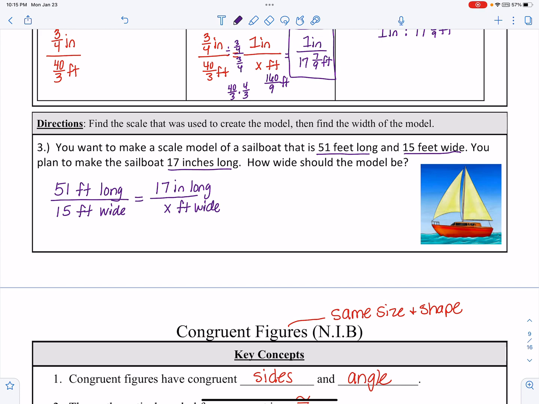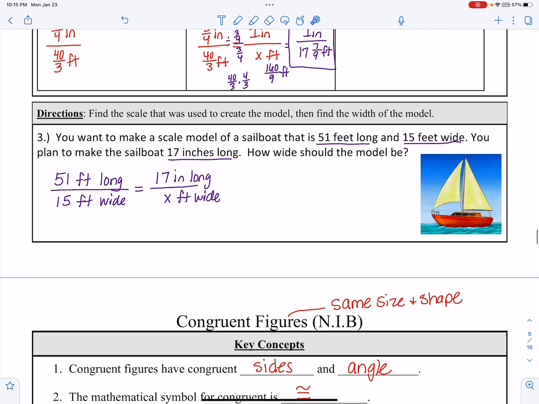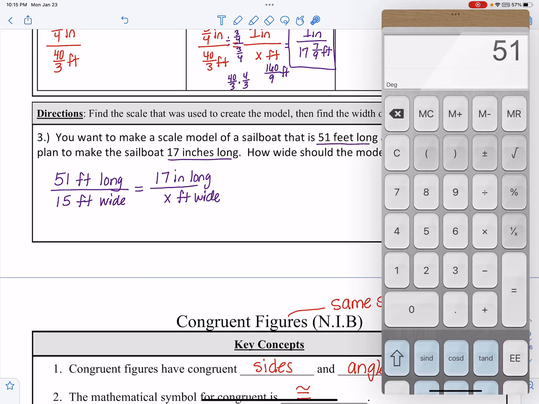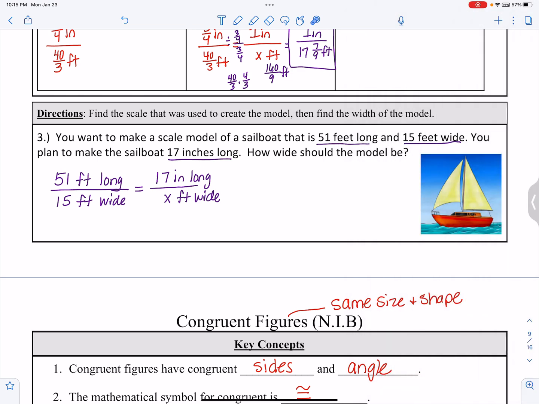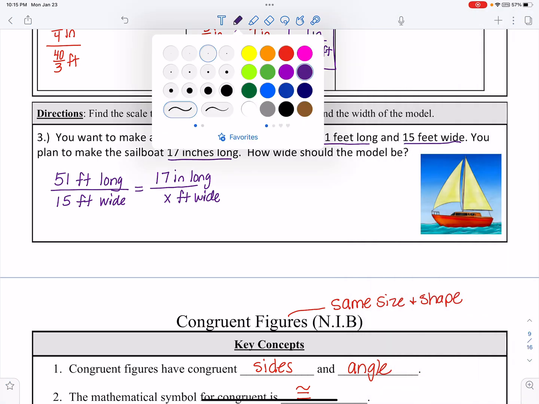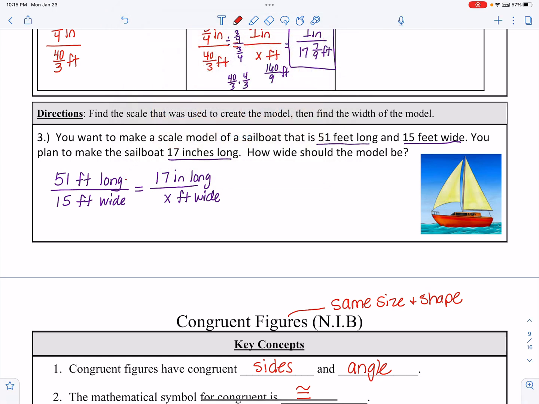For this one, again, you can see we could figure out what to do from 51 to get 17 by just dividing 51 divided by 17. It tells us that the scale factor is divide by 3/3. But I am going to show you the means and extremes, just because we haven't done it in these notes. So let's do that cross multiplying.